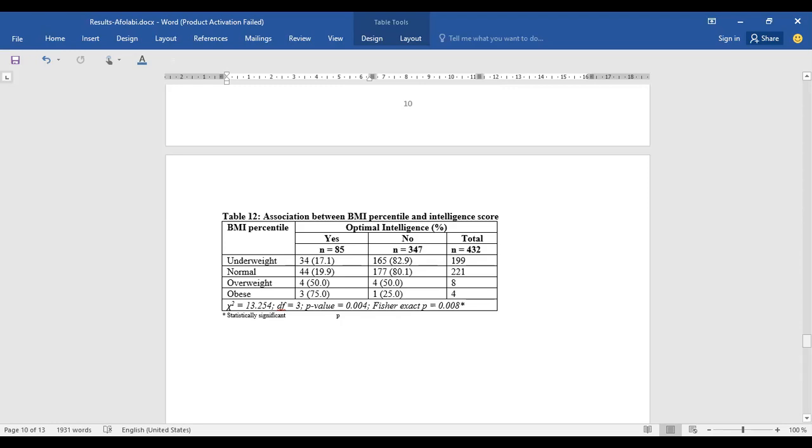Okay. So if I want to put it now, that last table will be the last I will put. You know why? All this cross tabulation, like this one now, on its own, you look at association between intelligence and BMI.